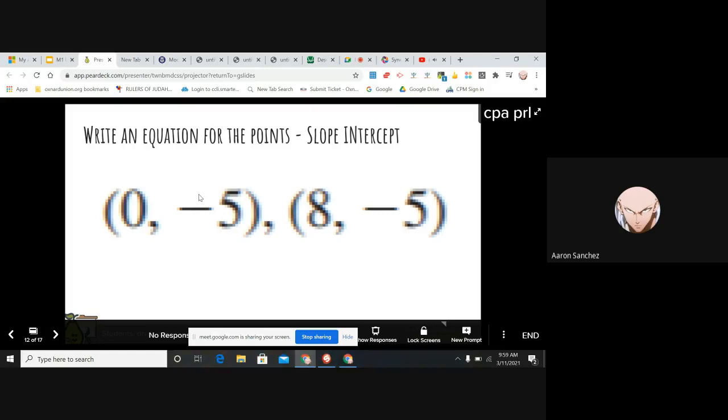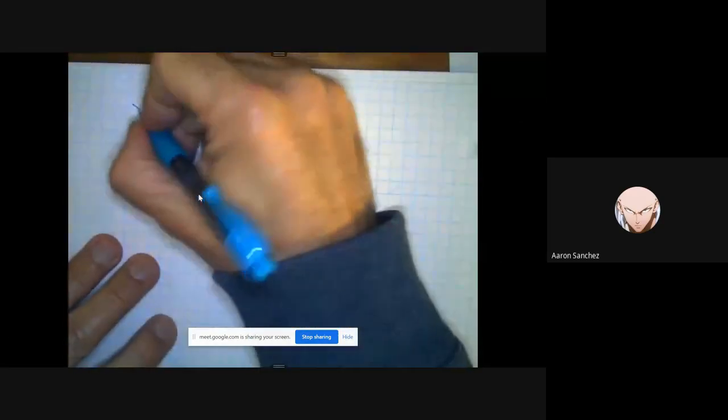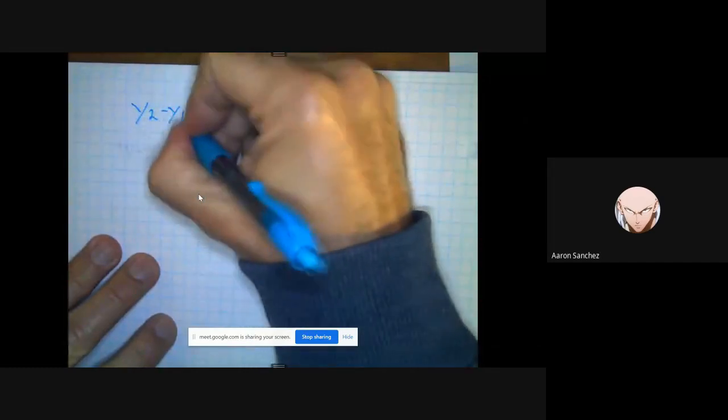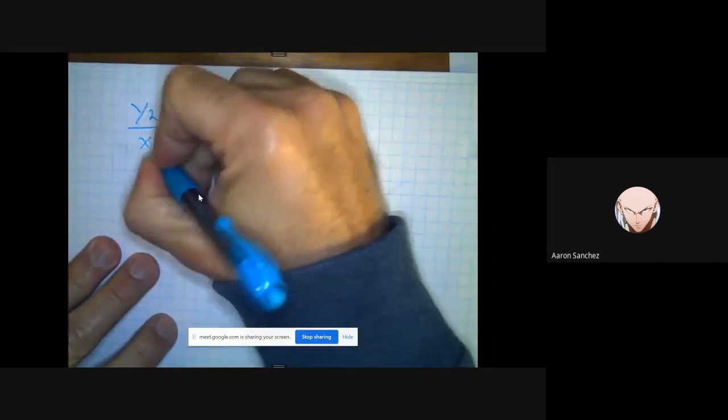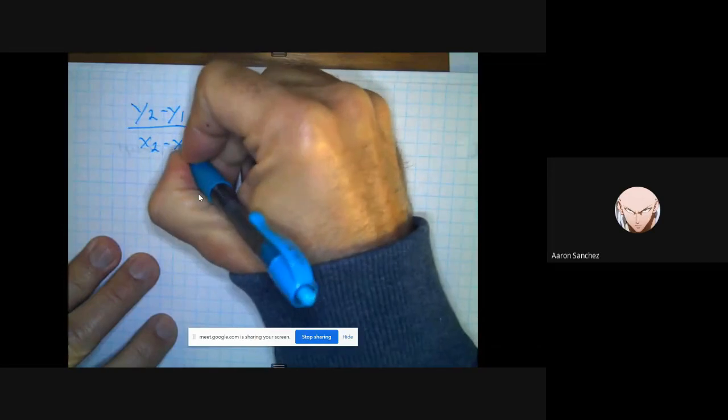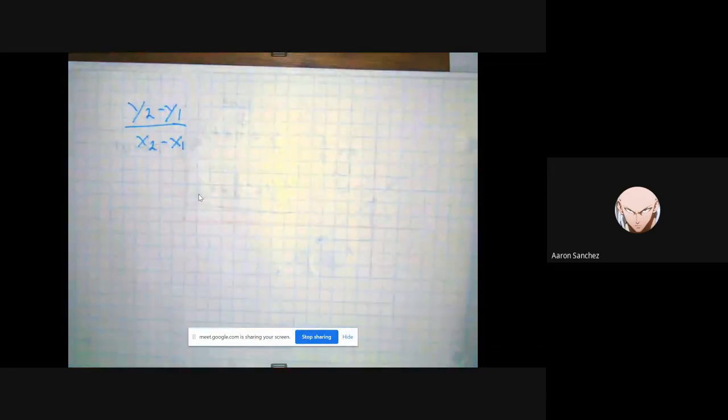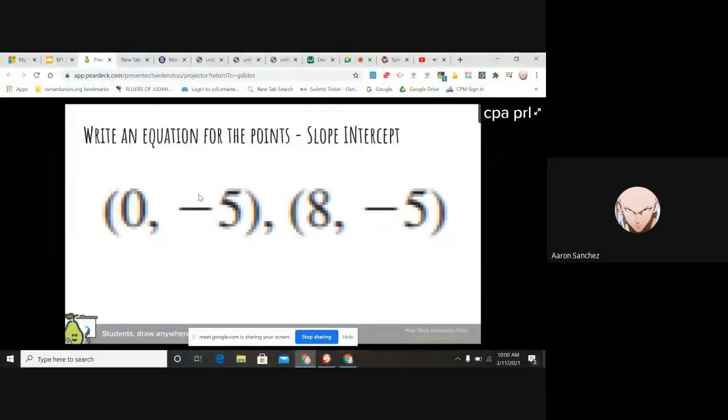But remember, for this, you're going to need to go y2 minus y1 over x2 minus x1 to find the slope. Actually, let me write, what are my 2 points? I have (0, -5), and I have (8, -5). I just wanted to write those down, okay?